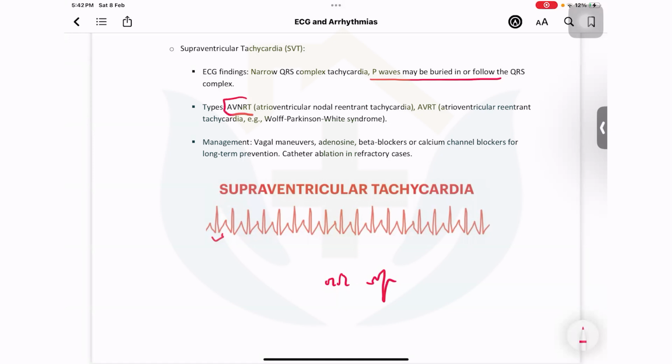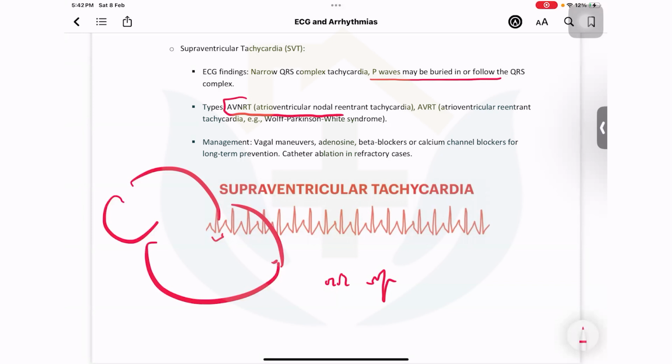Usually due to AVNRT, that is AV nodal reentrant tachycardia. So basically, AF was when the atria is not contracting, it is fibrillating. Flutter is when somebody closer to the AV node is causing a re-entry circuit. SVT is when the re-entry circuit is either extremely close to the AV node or in the AV node itself. So it is like running here only.